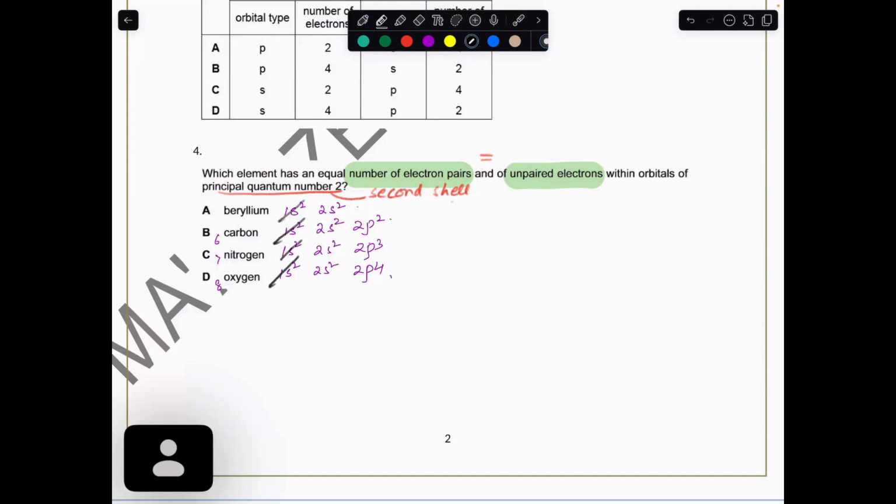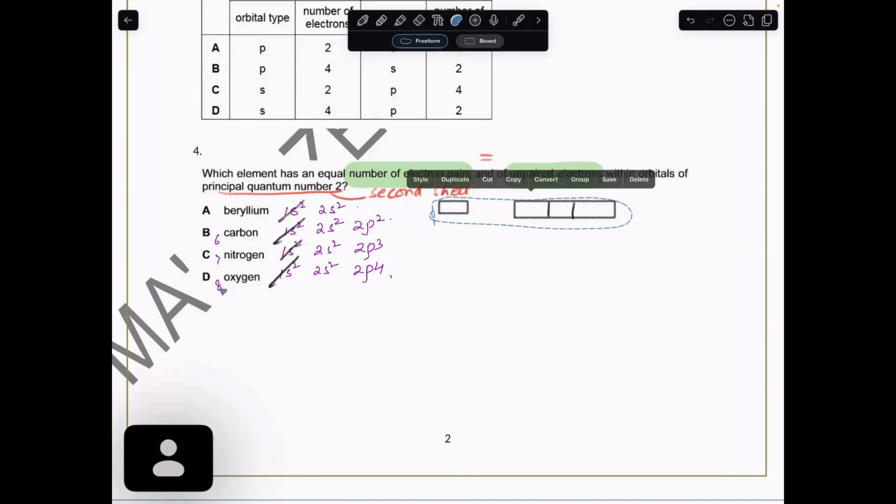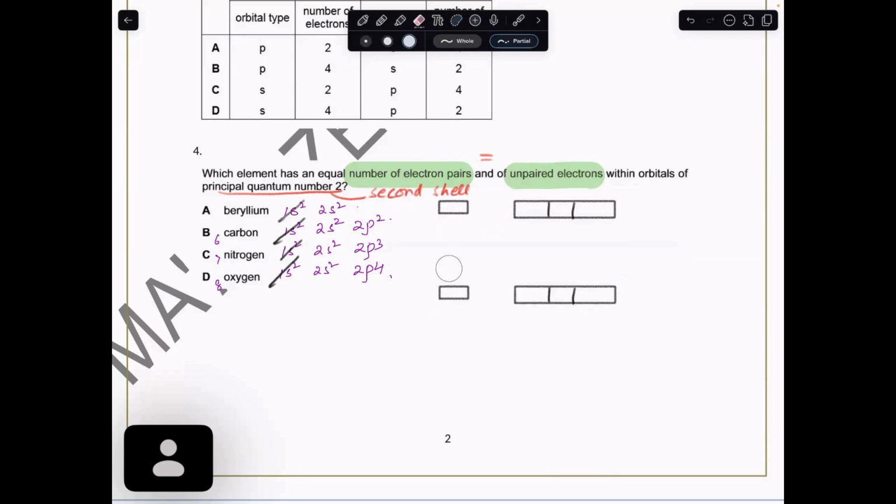Now, in beryllium, this is 2s, this is 2p. I have the facility of an iPad, so I can draw this again.